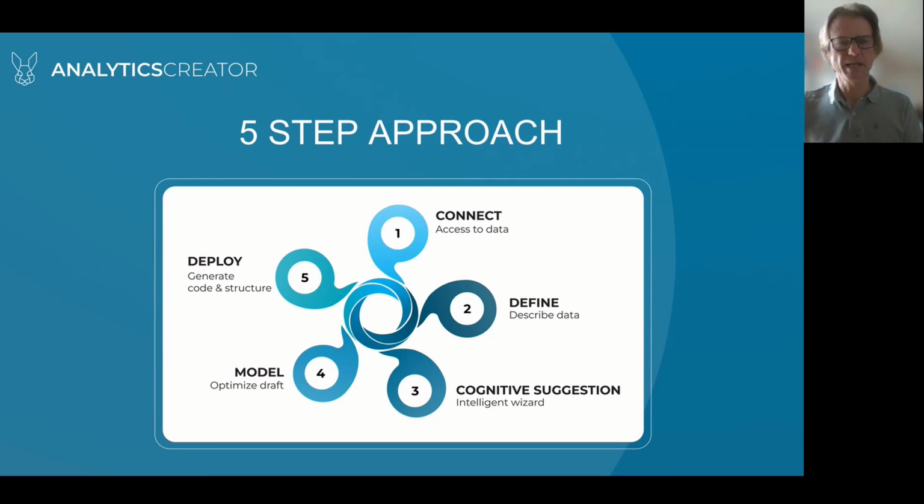So let's explain a little bit the 5-step approach. You will see it live after that; Dimitri will show you. First of all, you have to connect to your data sources. We have the possibility, with a third-party vendor, to connect over 250 data sources.